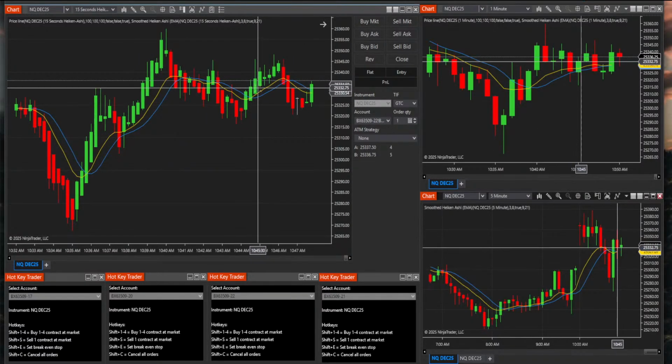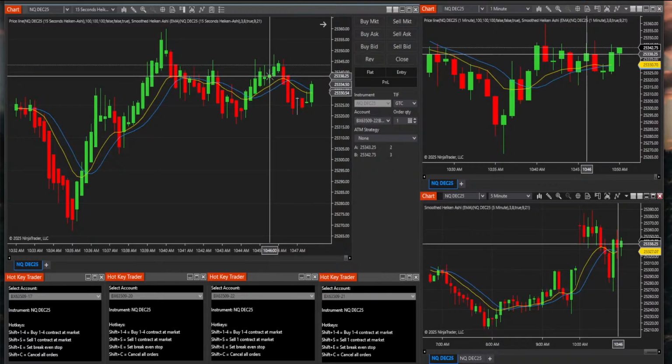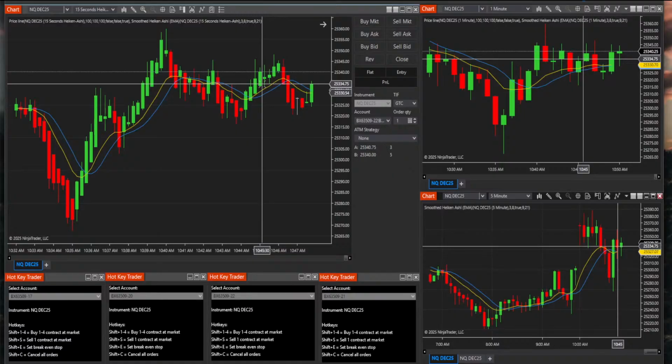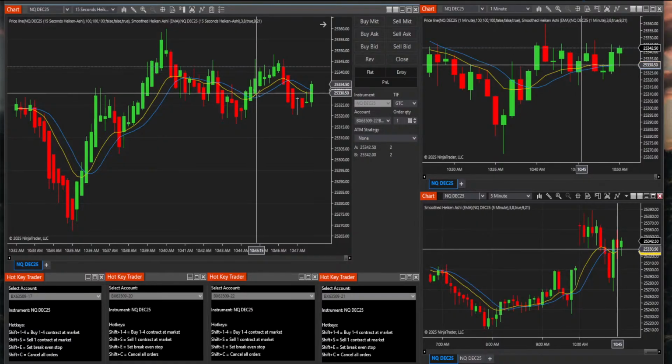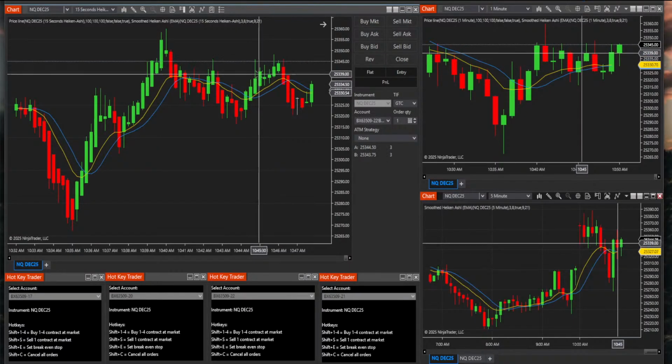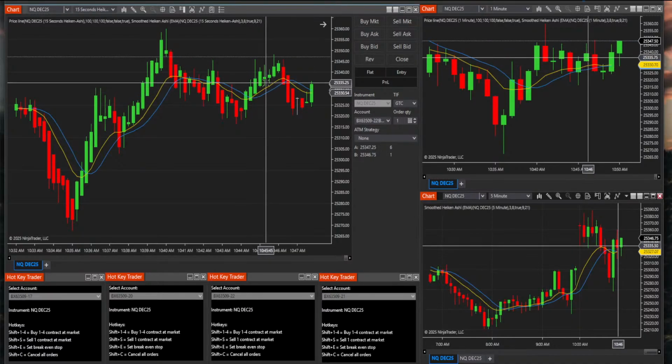As you can see here, we were moving up, and in the 5 minute, it was red. But on the 1 minute, it was above the smooth Heiken-Ashi lines. So I got in around 1045, right up in this candle. Why? Because these lines were separating. They were diverging. So the momentum is up because of the smooth Heiken-Ashi lines that I have here.